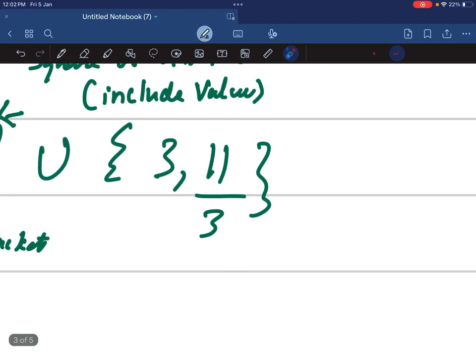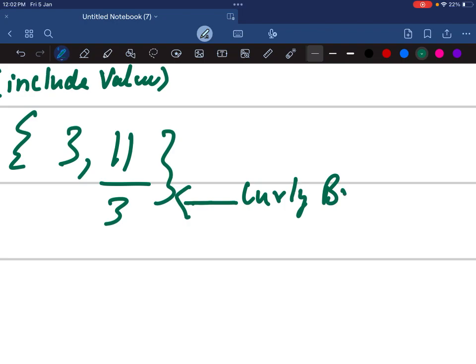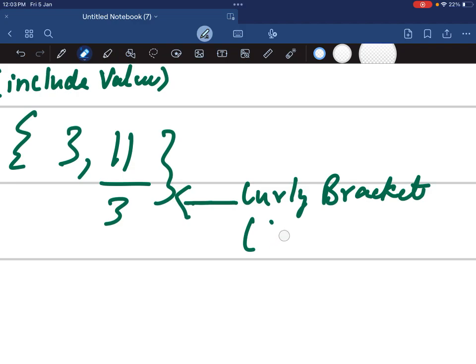Then the third one is the curly bracket, and the curly bracket will include only the elements that it talks about. Whatever elements are inside, it's going to include them.